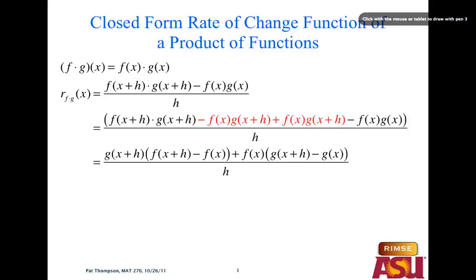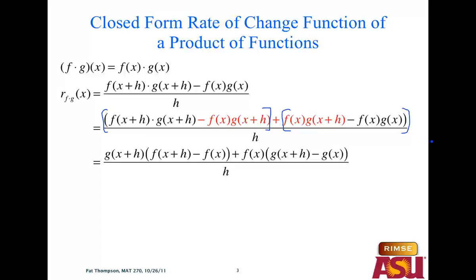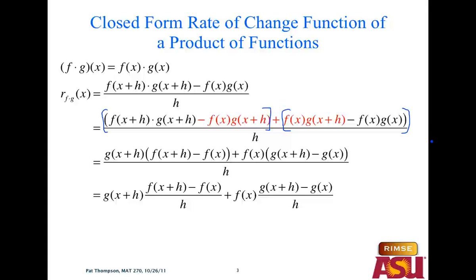We subtracted and added, then we grouped these two together, and then we grouped these two together, and by factoring out, we're really close here to the rate of change of f in the first and the rate of change of g in the second. And so we're just splitting it apart, right? Common denominator of h, split apart those into two, common denominator of h.